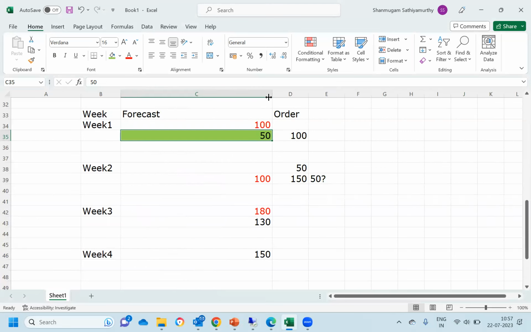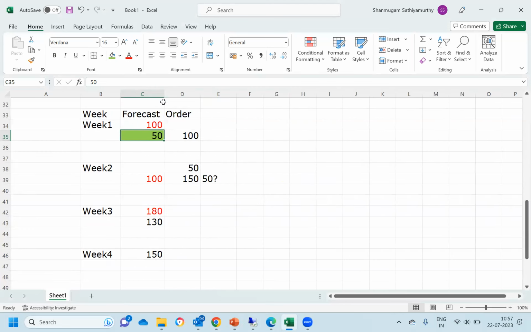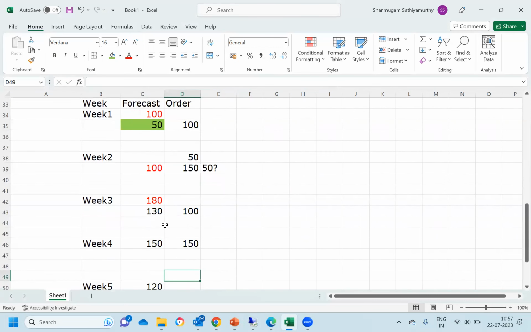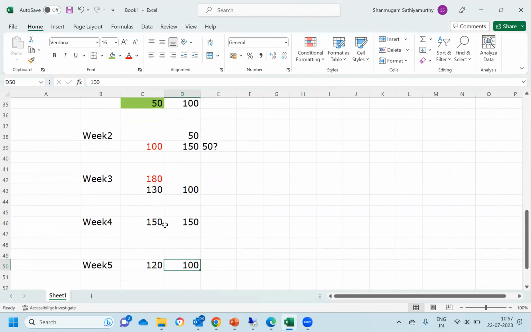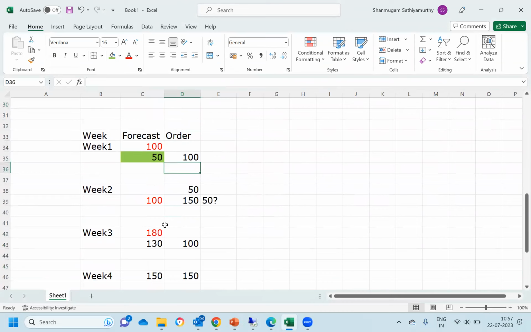Yeah, but the 50 will be used by the orders that will be dropping in week 1, sir. If the order is coming... the order is not coming there, because we are in the future, right? For example, further orders, maybe I will get an order here, I will get an order here. Like this, I will keep going. And my backward consumption was only 7 days.